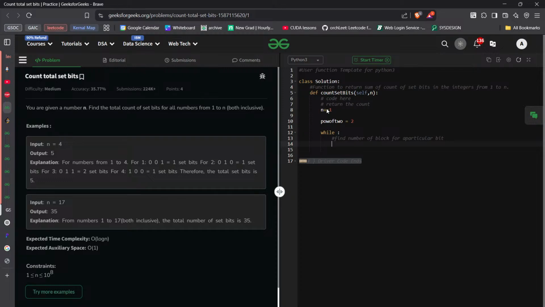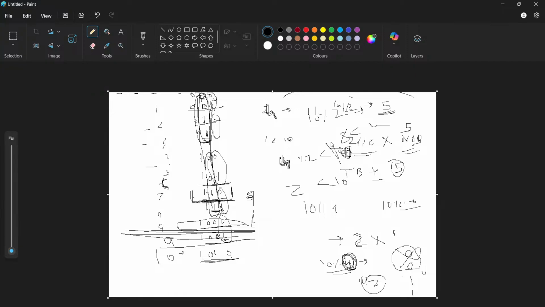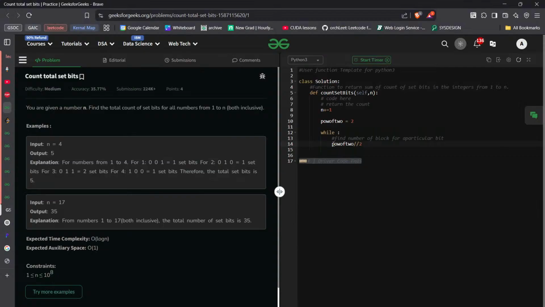How do we find that? So it is based on the power of 2. Power of 2 divided by 2 will give me the block size, right? Now we will find the number of blocks.